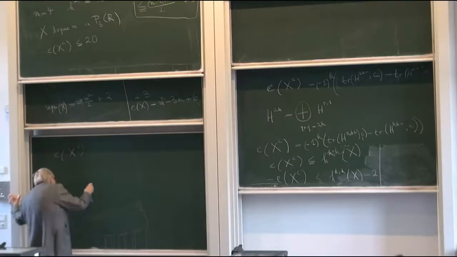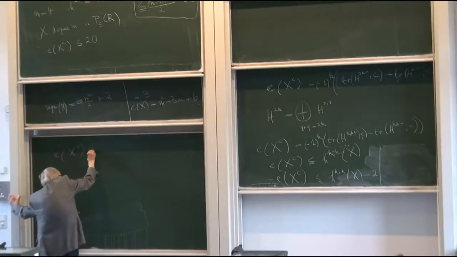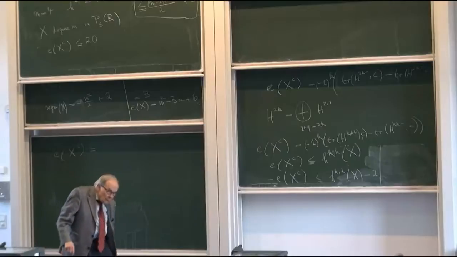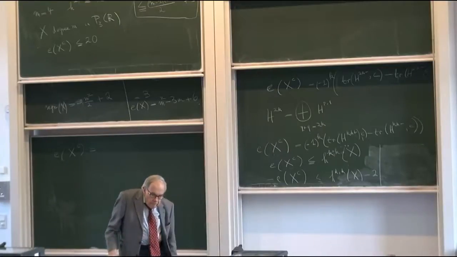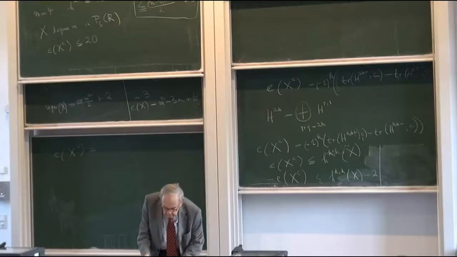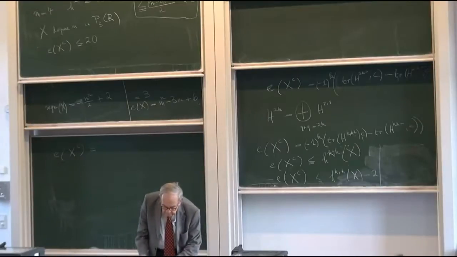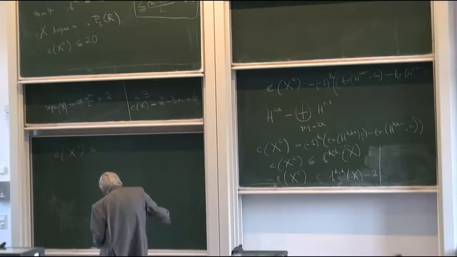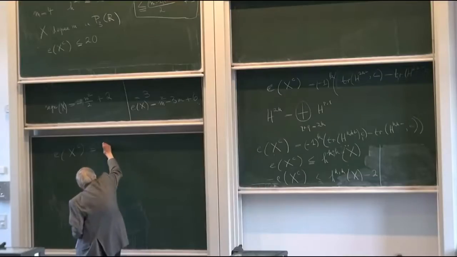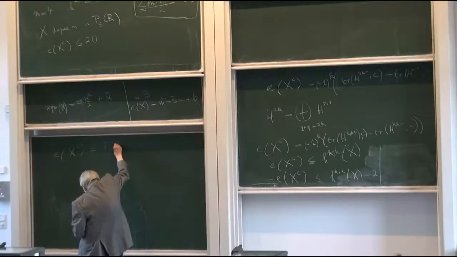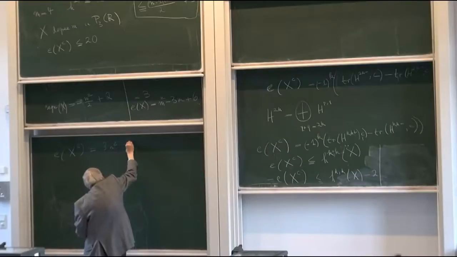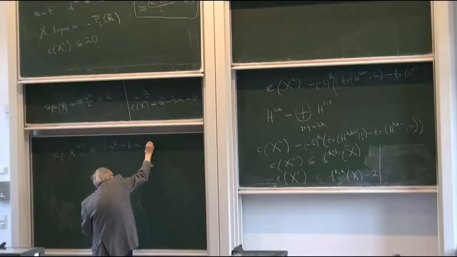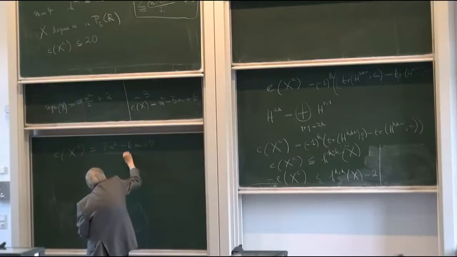That the Euler number of XC is less or equal to H11, is less or equal to 3m squared minus 6m plus 8 over 4.